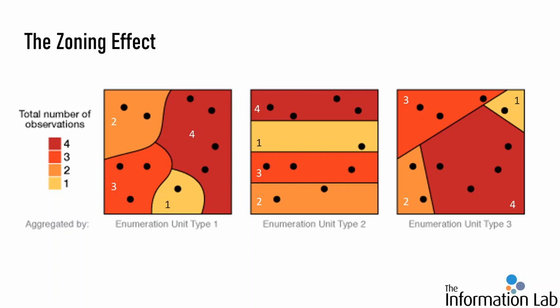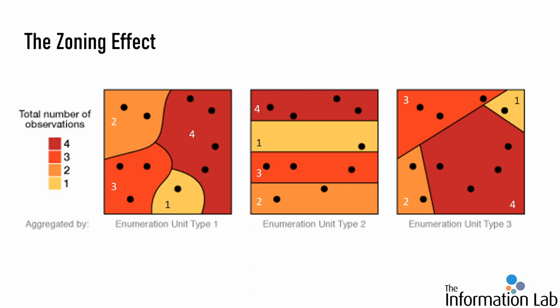The dot positions haven't changed, but the total aggregation number for each of the zones does change. So depending on how we draw the area, we might get the appearance of high values, of low values, or a smoothed combination of both. And again, that's not about changes in the underlying data. It's an artifact of the visualization technique.